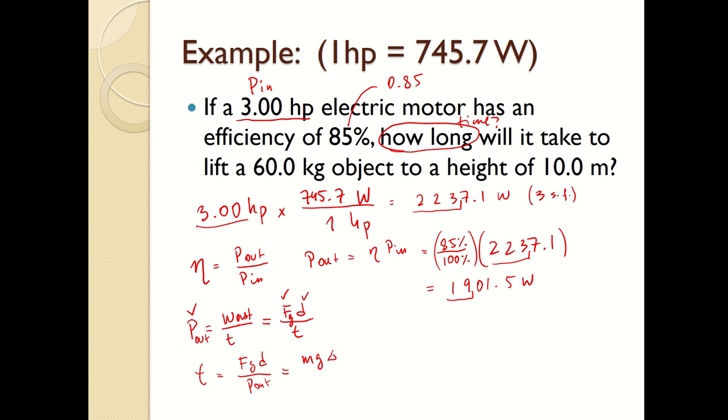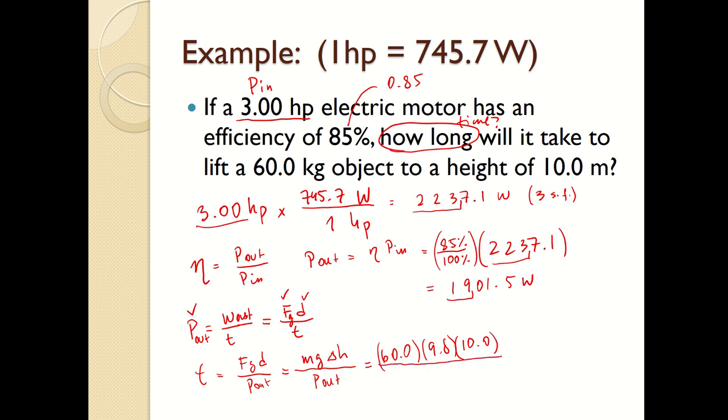So we can write delta h here, or just h, final h, over the power out. So the mass is 60 kilograms, so 60.0, and then 9.8, and the change in height is going to be 10 meters, so 10.0.